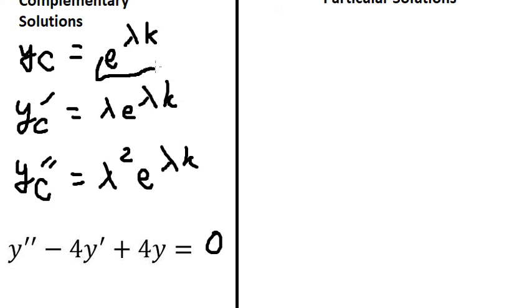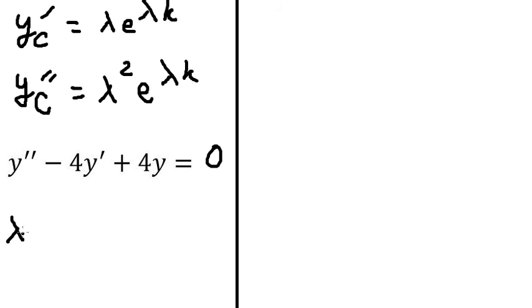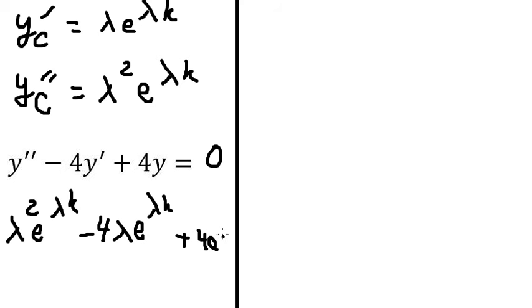So this one gone here, this one gone here, and this one gone here. So we have lambda squared e to the power of lambda k minus 4 lambda e to the power of lambda k plus 4 e to the power of lambda k equals 0.